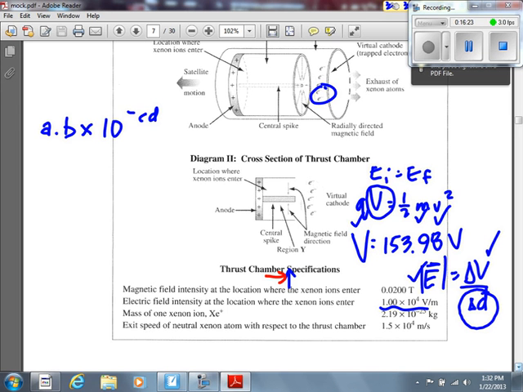Well, impulse is equal to F times T, and it's equal to M times delta V. Since we have the value of M, do we know the value of delta V?